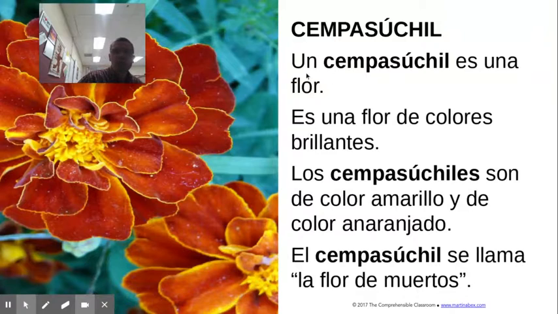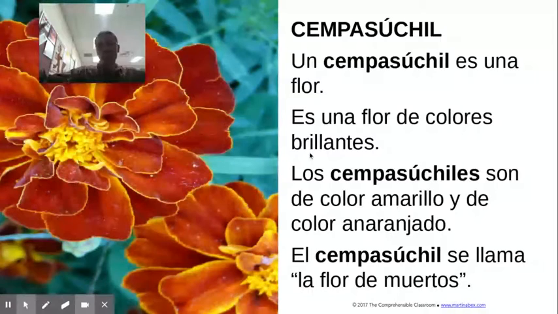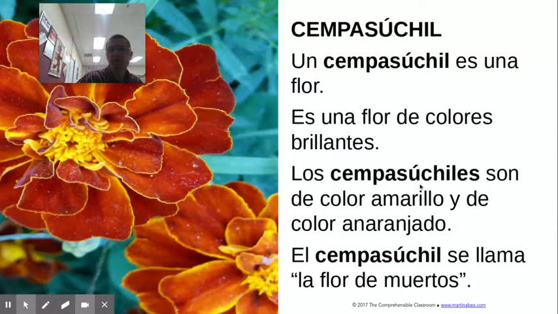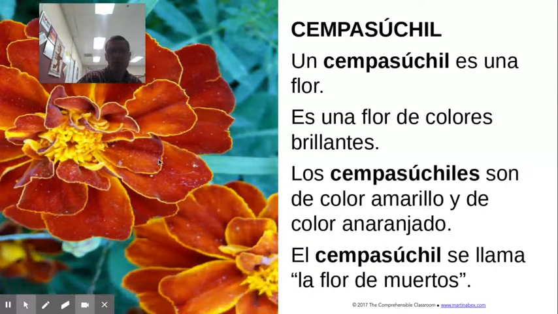Cempasúchil. Un cempasúchil es una flor. Sí, this is uno. Es una flor de colores brillantes, bright. Los cempasúchiles son de color amarillo, so amarillo is yellow, y de color anaranjado, that's orange.